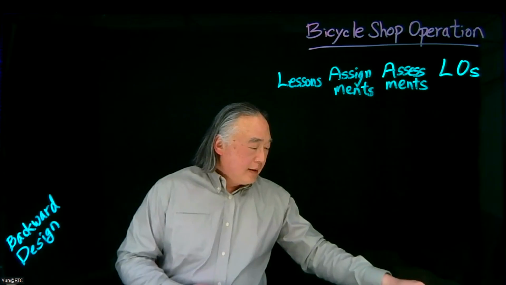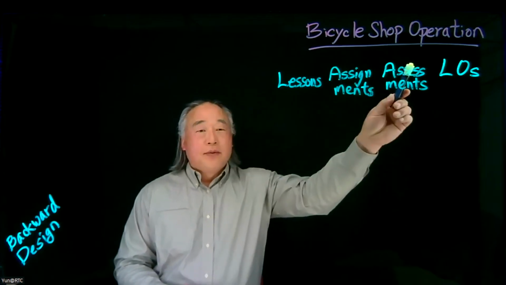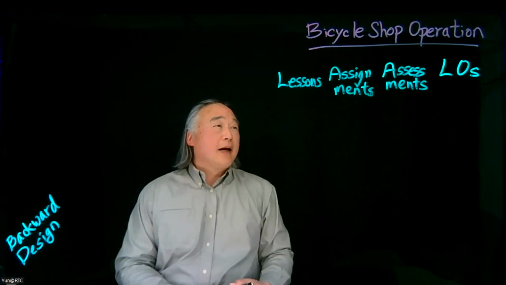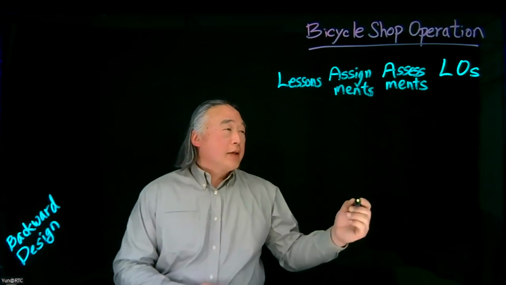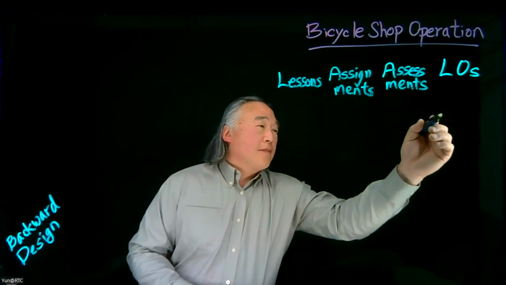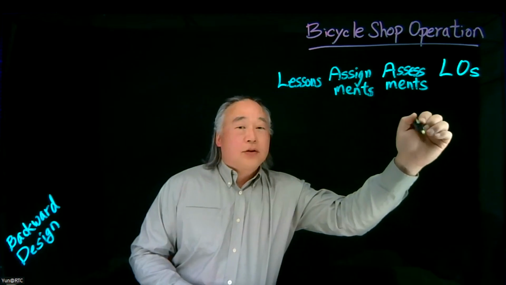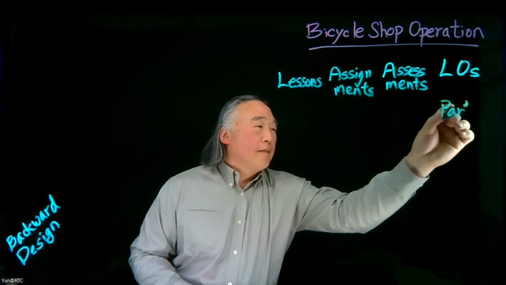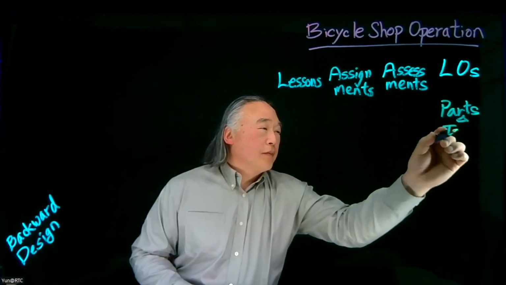So let's start with an example of a bicycle shop operation. So let's say I'm teaching a class in a bicycle shop operation. So one of the learning outcomes could be, let's say, mastering parts and tools.